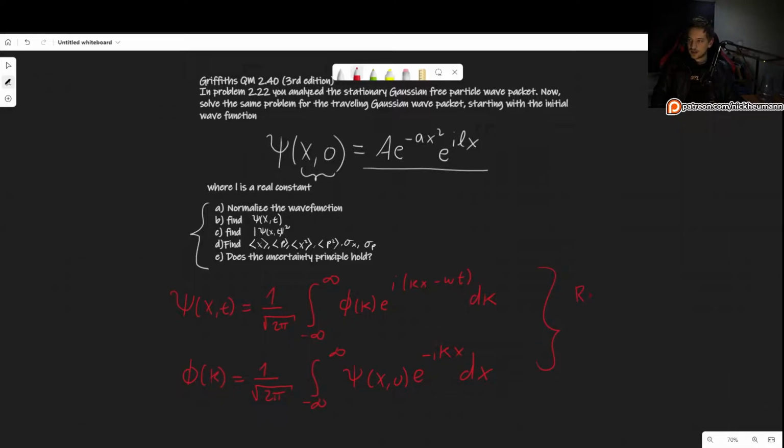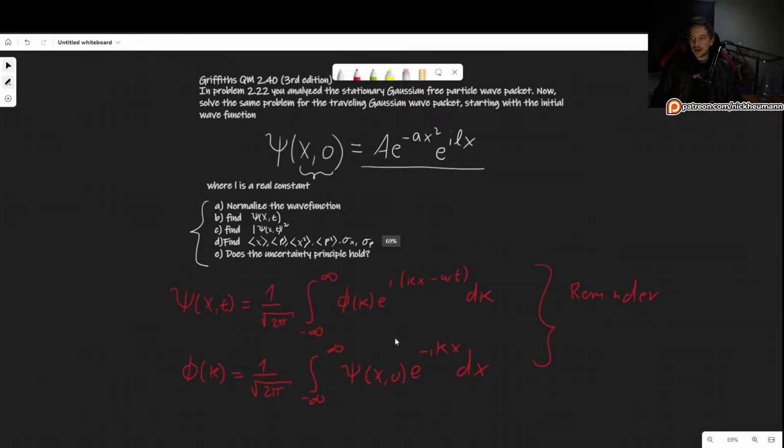This is a reminder. And when we have this written out, then our path ahead is pretty simple. First, we calculate this, and then we plug it in there. And with that, we can easily determine the modulus squared, which we can then use to find everything else. Okay, so that is our plan.